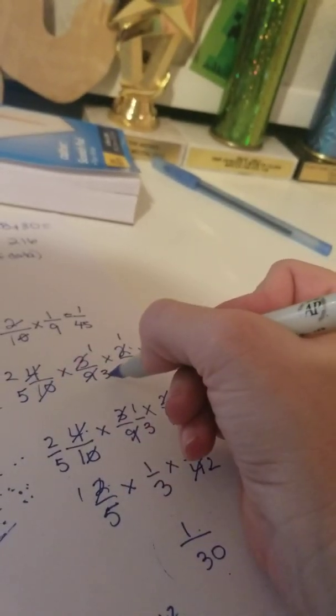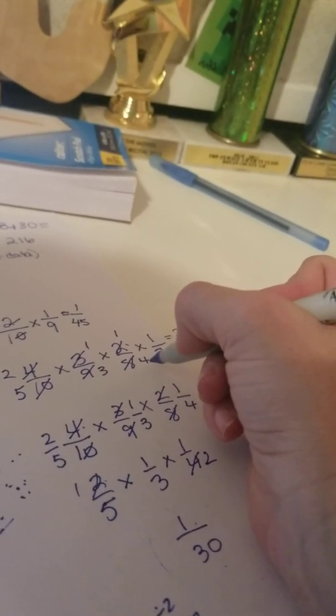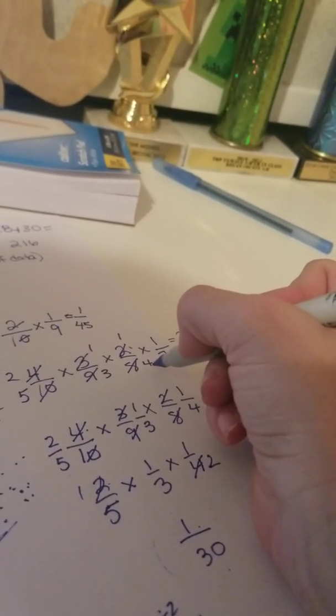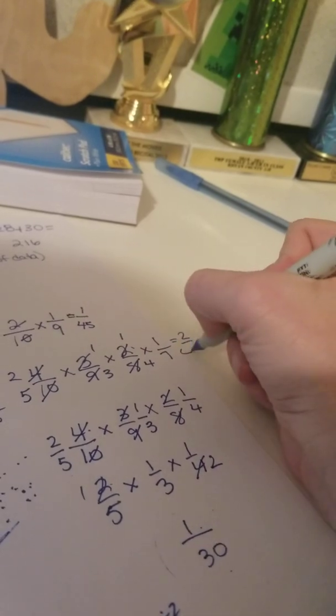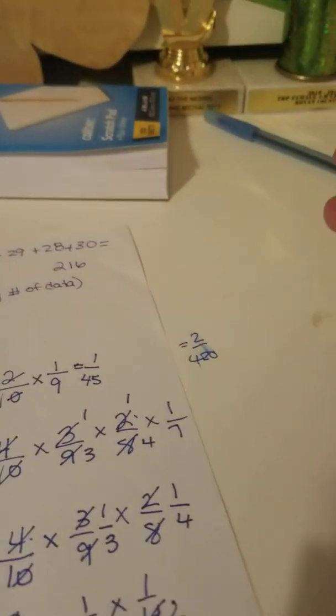And 5 times 3 is 15. Times 4 is 60. Times 7, 420. Oh my God, I'm writing on my desk. Oh my gosh. Okay. 2 out of 480 is 1240.